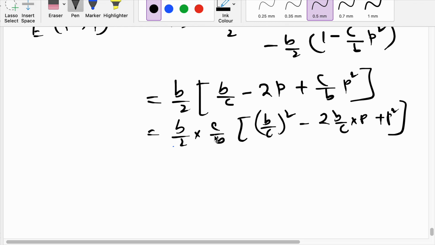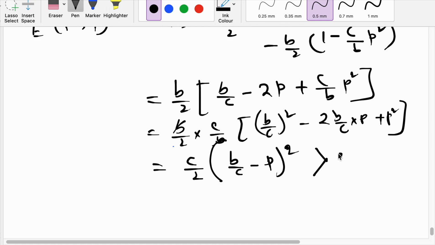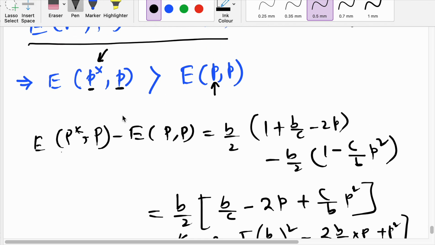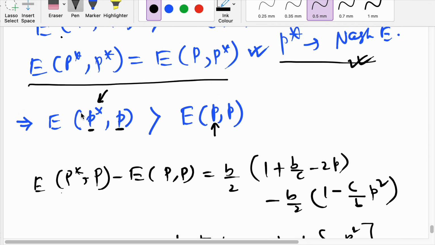So I get c by 2 into b by c minus p whole square. Since it is a square, it is always greater than 0. That means E(p star, p) is always greater than E(p, p). So this internal fixed point, which is a stable fixed point in the game of Hawk-Dove, will always be an ESS. So that far we have gone in the previous class.